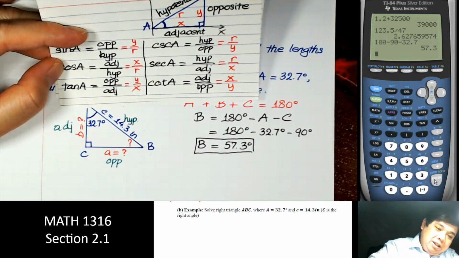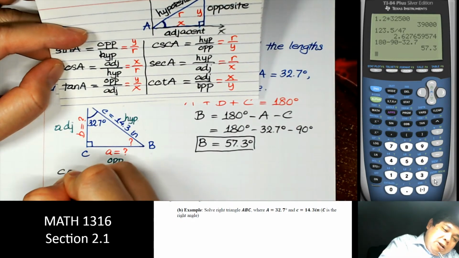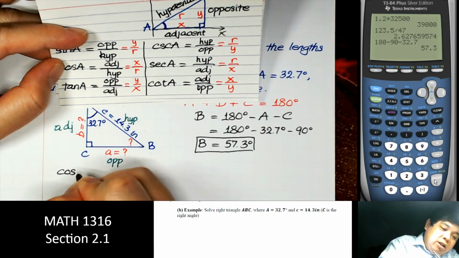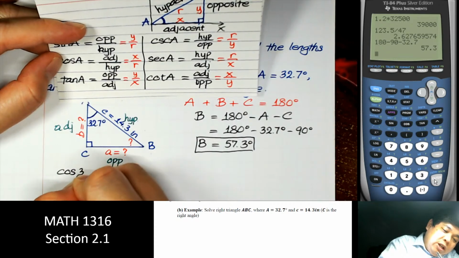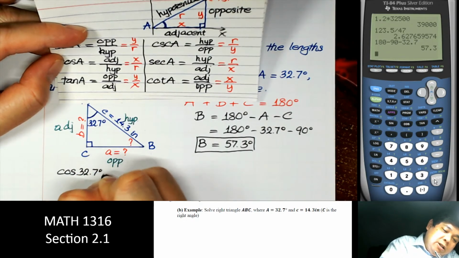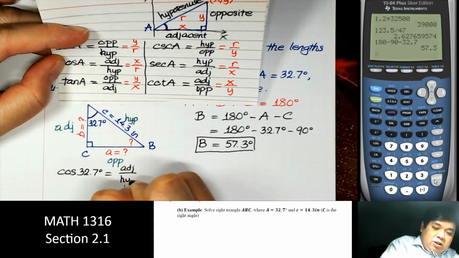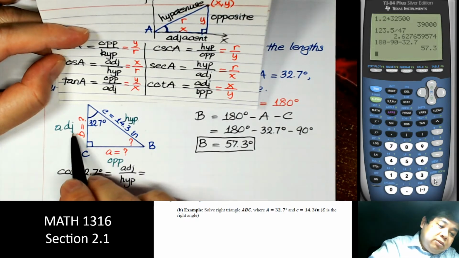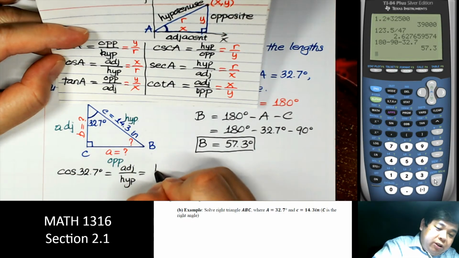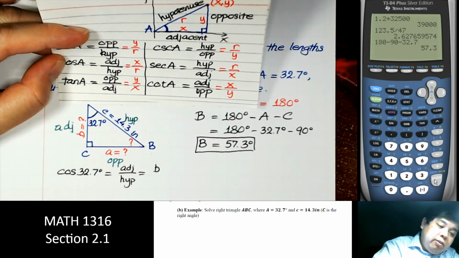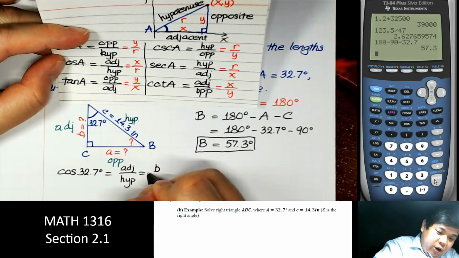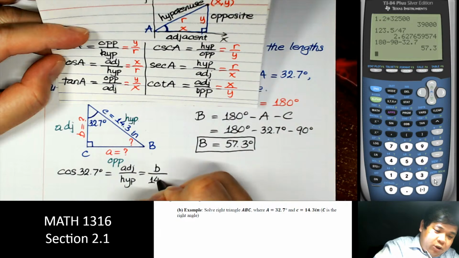So cosine of 32.7 equals adjacent over hypotenuse. Adjacent we don't know. Hypotenuse we do know. 14.3.